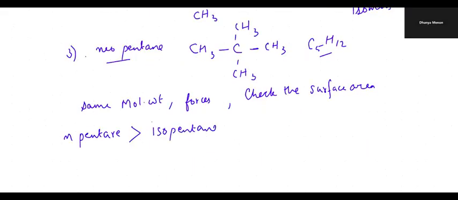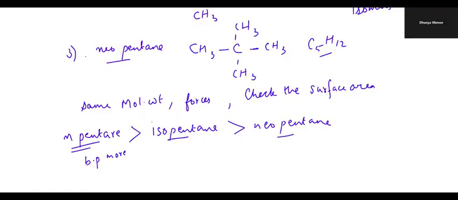Last one will be neopentane, which has the least. I hope it is clear. So if normal pentane has higher van der Waals forces, the boiling point will be more for normal pentane compared to isopentane and neopentane.